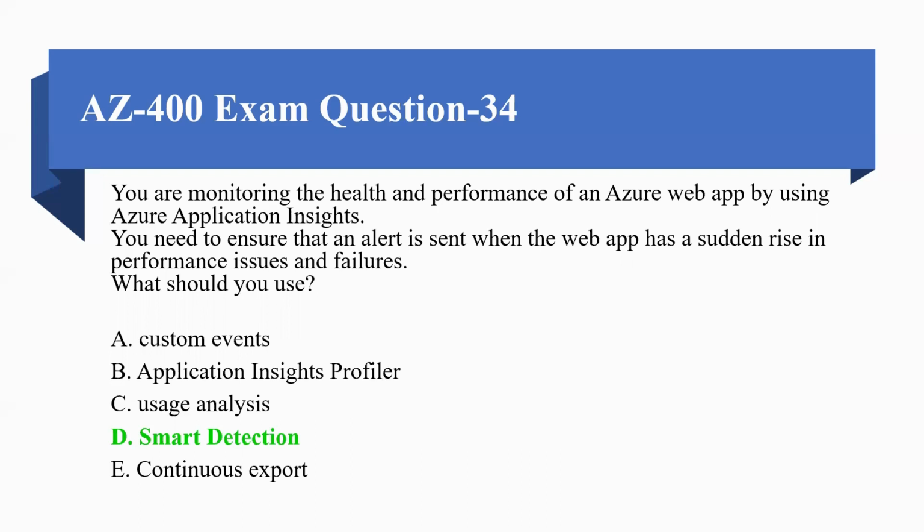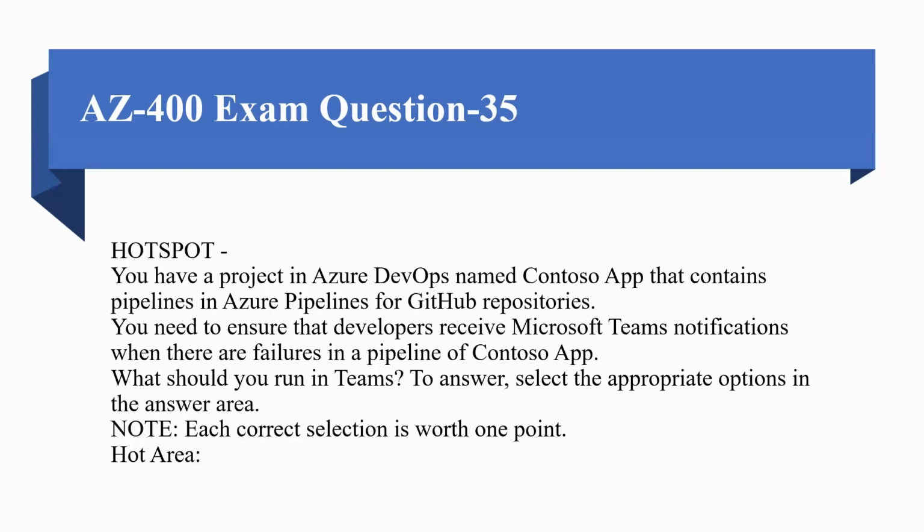Moving towards next question. You have a project in Azure DevOps named Contoso App that contains pipelines in Azure Pipelines for GitHub repositories. You need to ensure that developers receive Microsoft Teams notifications when there are failures in the pipeline of Contoso App.